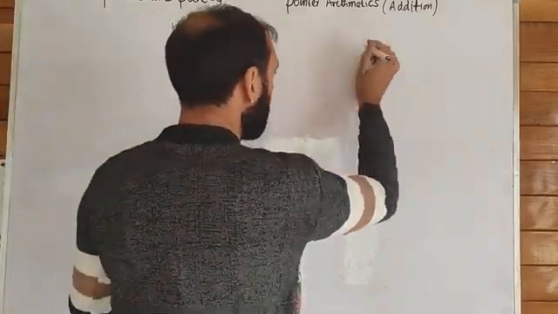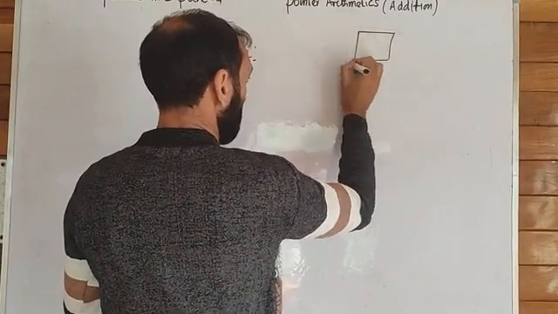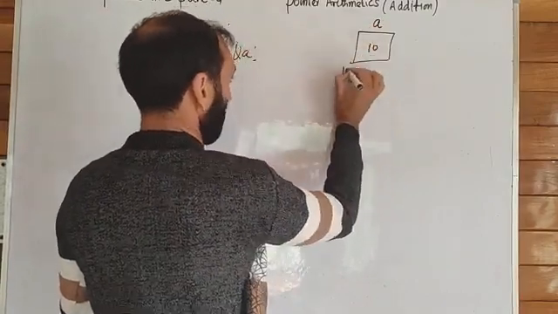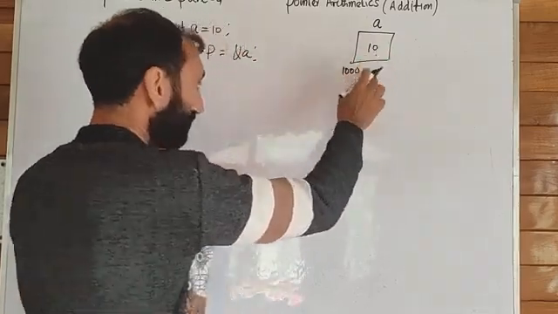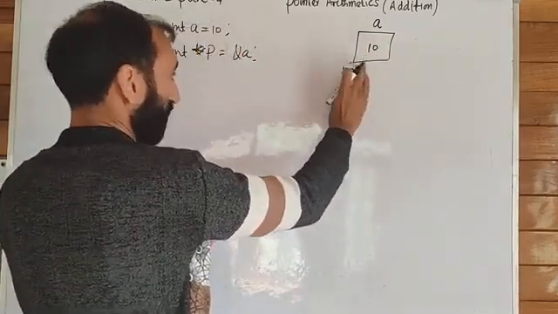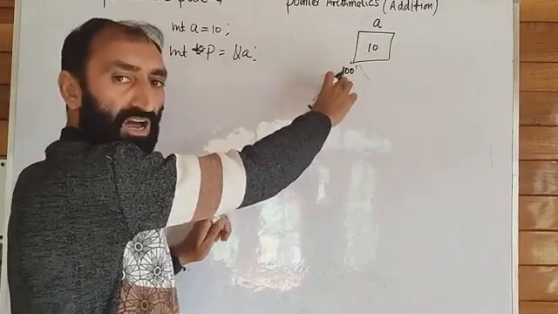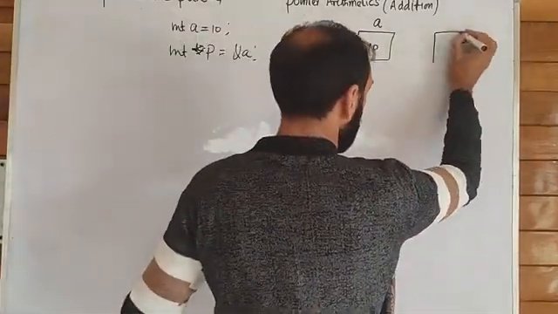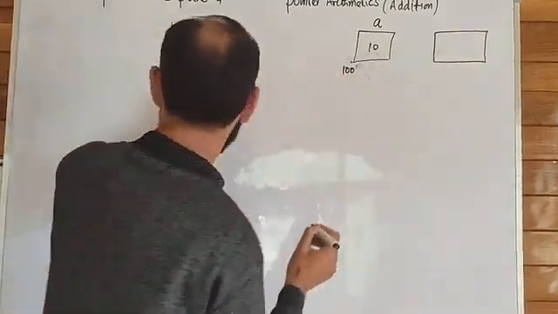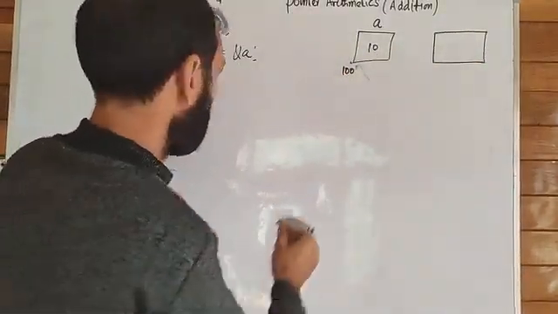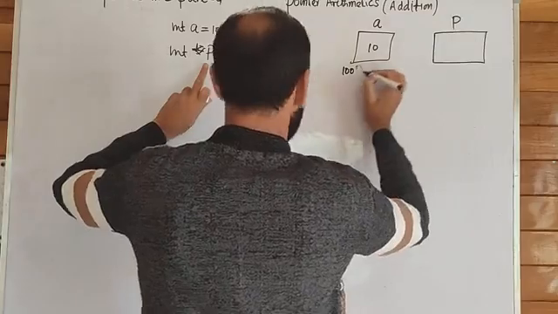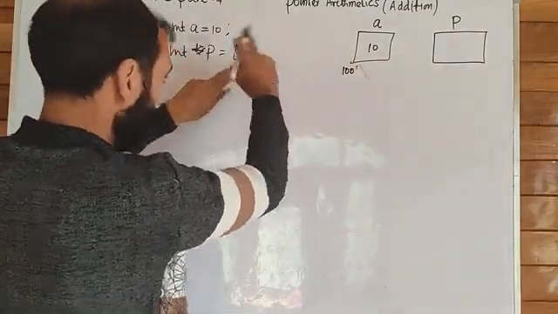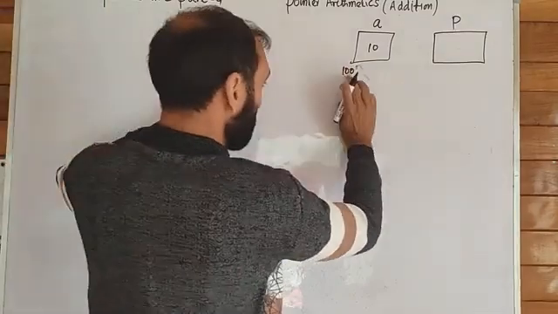In memory, a holds the value 10. Suppose the address of a is 100. Then I declare the pointer variable p and initialize it, so p holds the address of a, that means 100.